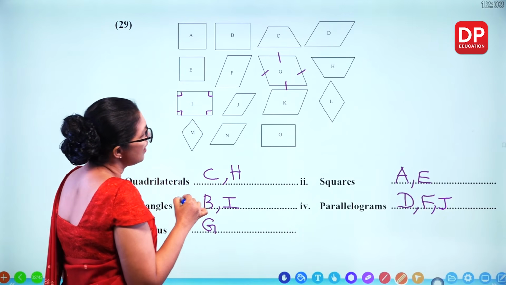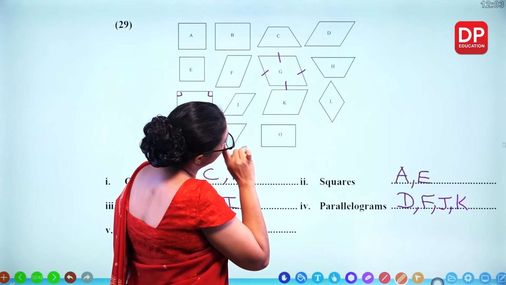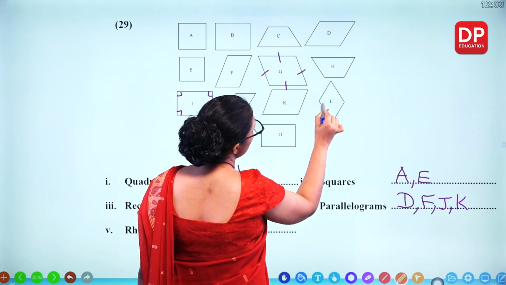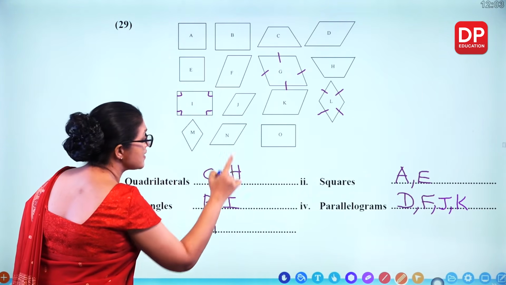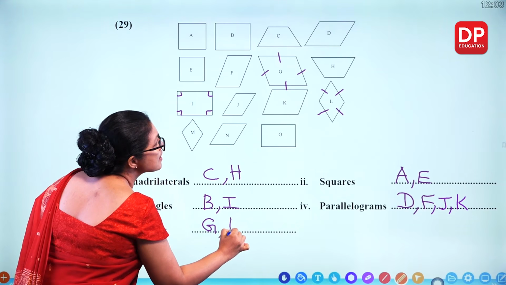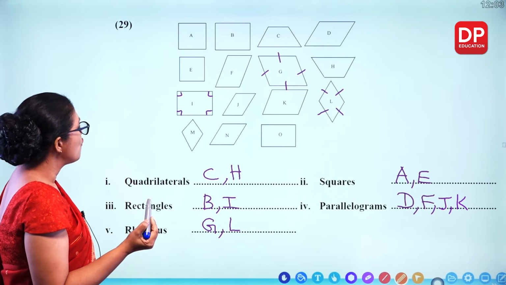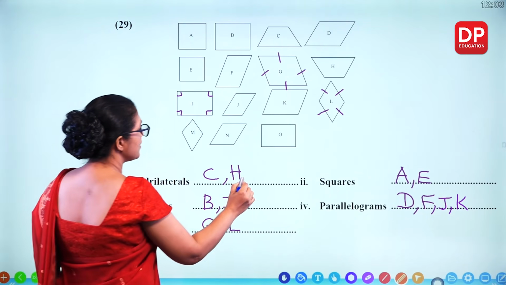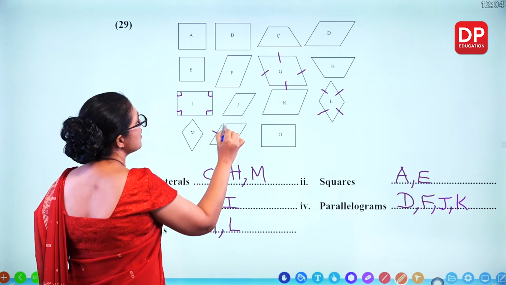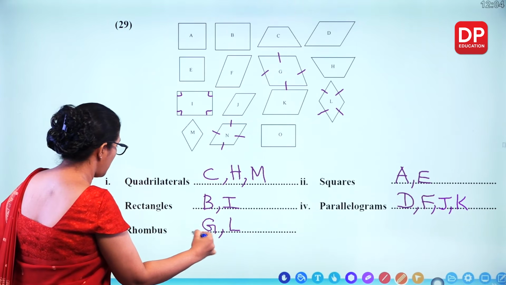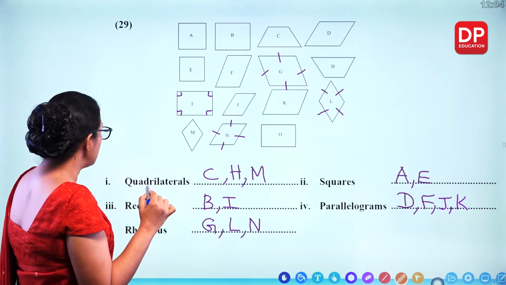K, another parallelogram. L, sides are equal. Seems like all sides are equal. That's L is a rhombus. M, four-sided figure. That's a quadrilateral. N, again, if all sides are equal, we can put to rhombus. And O is a rectangle.